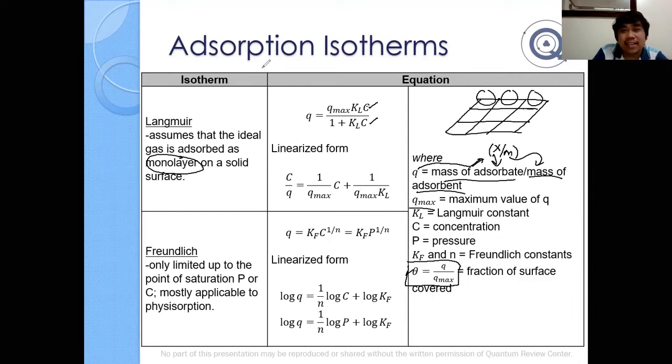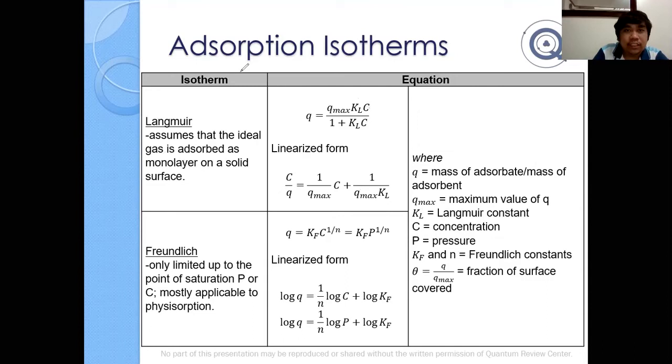Theta is the fraction of the surface covered, and it is equal to Q over Q max kapag Langmuir isotherm. Think of it as ganito. Halimbawa lang, meron kang Q max na 9. Ito yung buong surface mo, tapos ang Q max nito ay 9. Ito, 1, 2, 3, 4, 5, 6, 7, 8, 9.